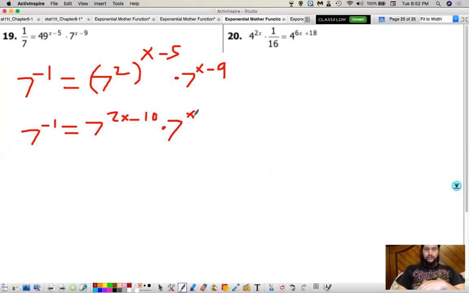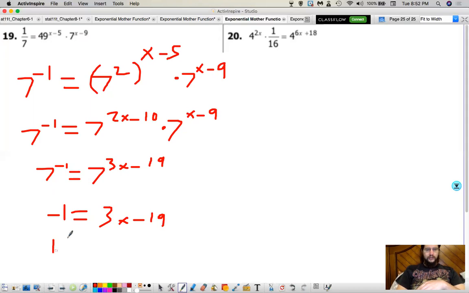Now, I've got the same base. I can add my exponents together. Now I've got the same base, and it's only one of them, so the exponents are equal. So that's 18 is 3x, and x is 6.